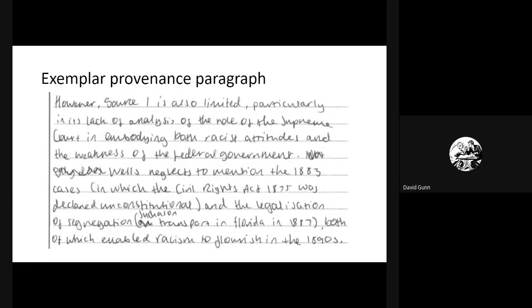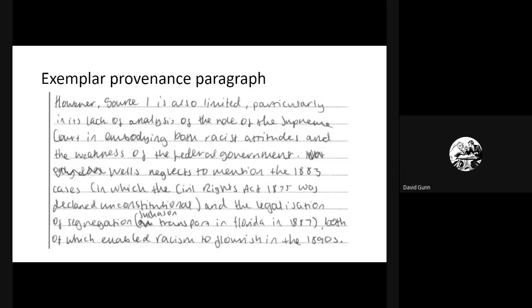Another bit of a provenance paragraph, it says, however, source 1 is also limited, particularly in its lack of analysis of the role of the Supreme Court in embodying both racist attitudes and the weakness of the federal government. Wells neglects to mention the 1883 cases in which the Civil Rights Act of 1875 was declared unconstitutional, and the legislation of segregation such as transport in Florida in 1887, both of which enabled racism to flourish in the 1890s.